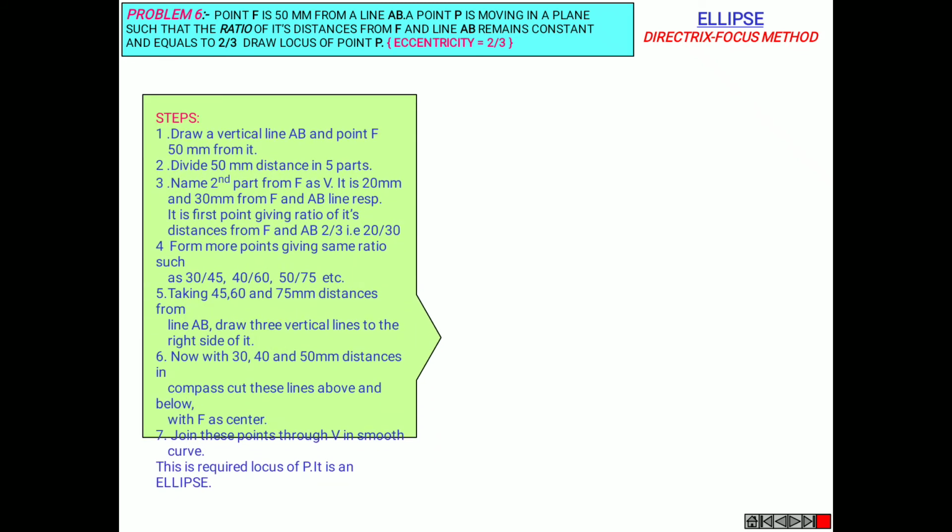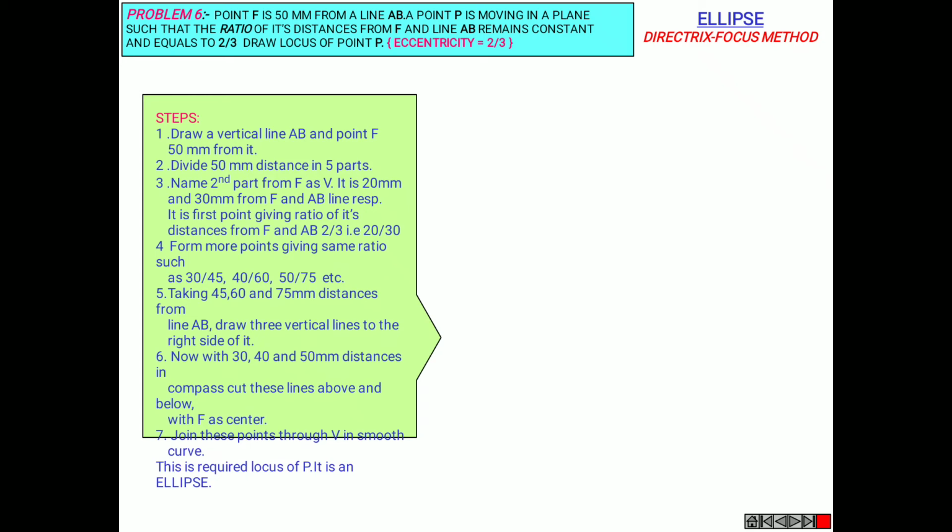See the steps involved in it. Draw a vertical line AB and point F 50 mm from it. Now the second step is divide 50 mm distance in 5 parts. And the third step is name second part from F as V. It is 20 mm and 30 mm from F and AB line respectively.